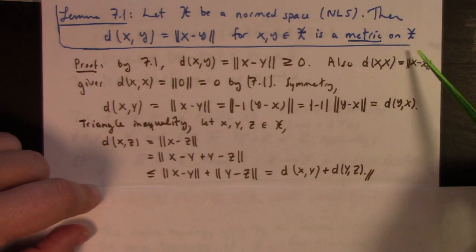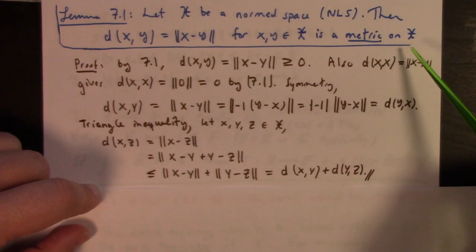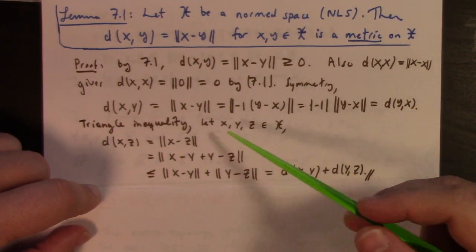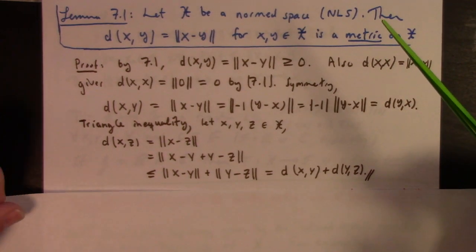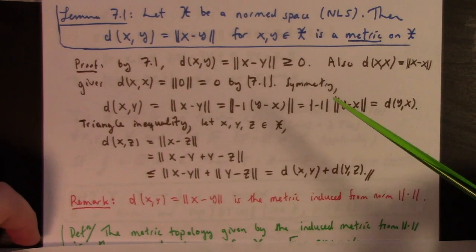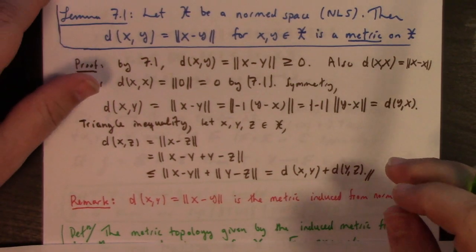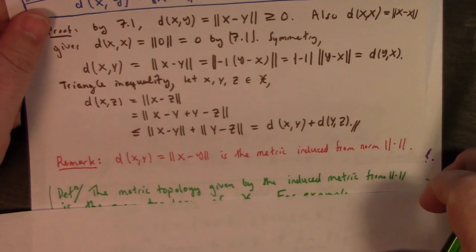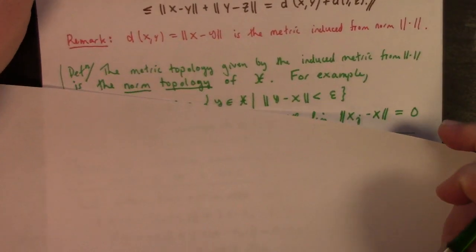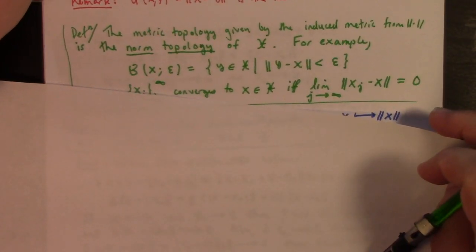It's only 0 when you're feeding it the same input. It's symmetric, and it satisfies the triangle inequality. In short, d defines a metric on the normed linear space. It is the so-called induced metric. And by the way, the topology, the metric topology, although that terminology really belongs in the next chapter.